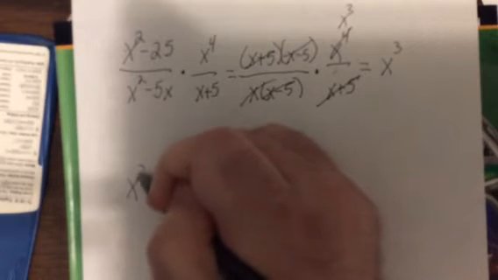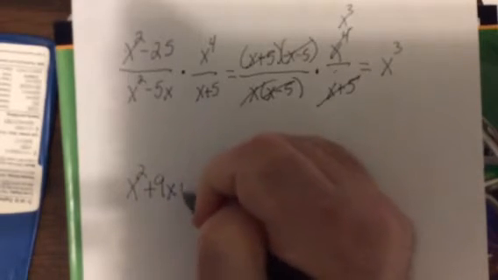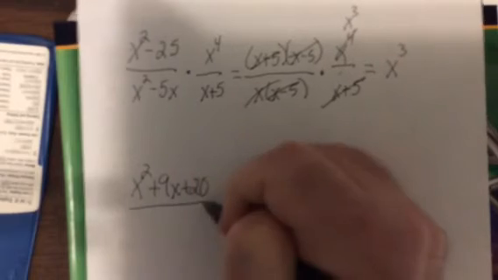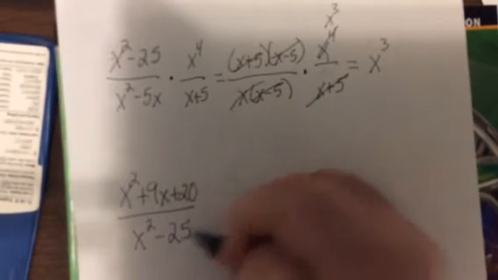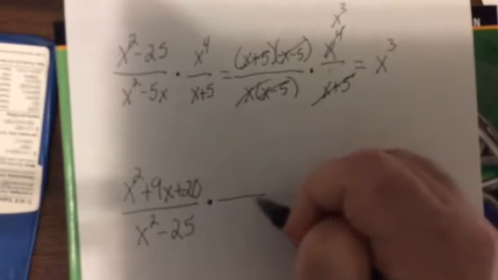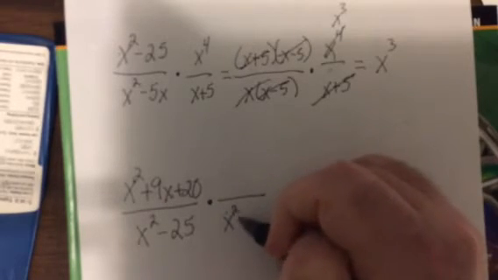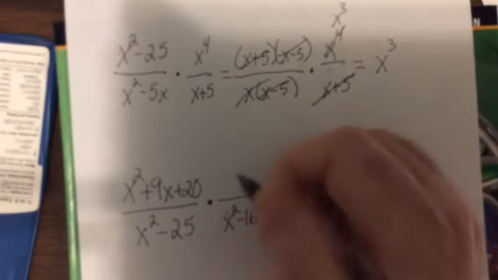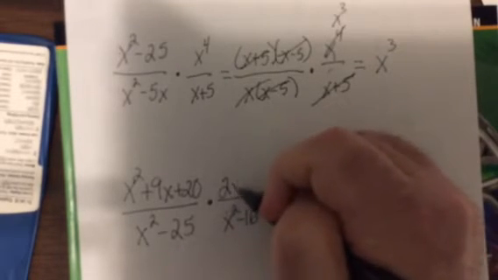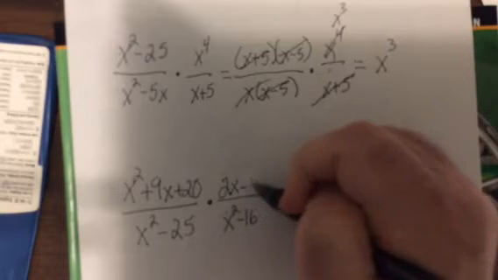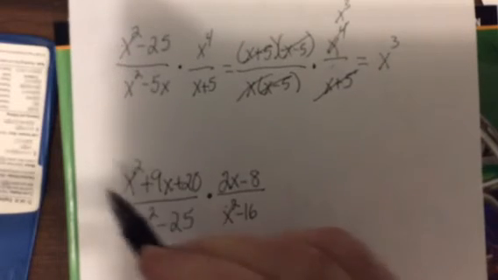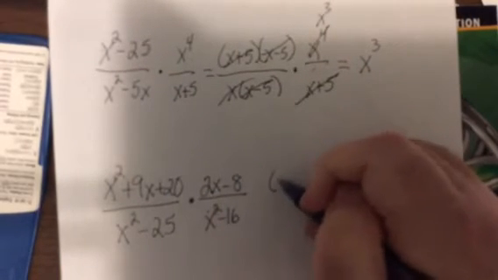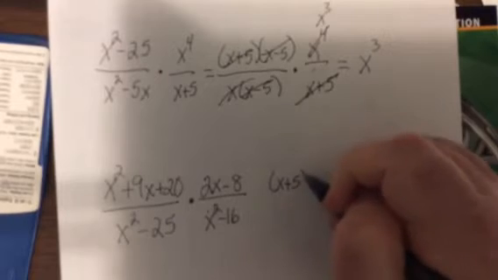So if I have x squared plus 9x plus 20 divided by x squared minus 25 times x squared minus 16 over 2x minus 8. The first thing I want to do is factor everything. So factor, that would be x plus 5, x plus 4.